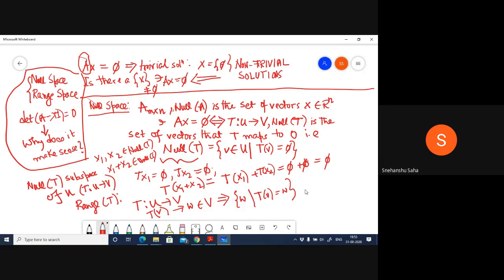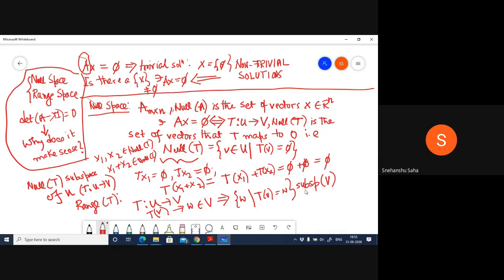And this set is called the range of the linear transformation. Once again, it is really easy to see that range of T is nothing but a subspace of V. So both of these, null space and range space, are subspaces of the respective vector spaces.